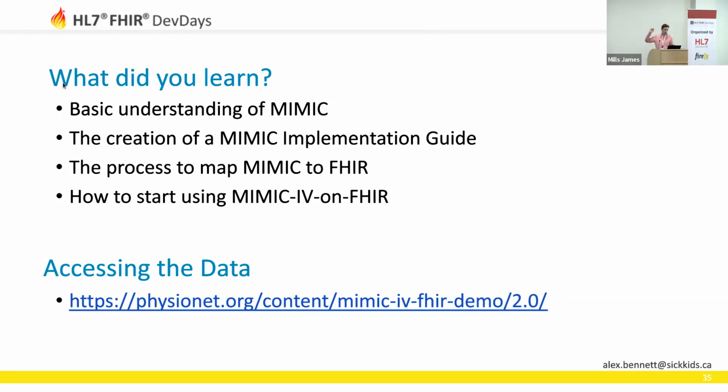So those notebooks are readily available, and you can access the data right now. It got published today, so you can start playing with those, pulling in those NDJSONs into your FHIR systems, and then off to the races. And so I guess any questions at this point?